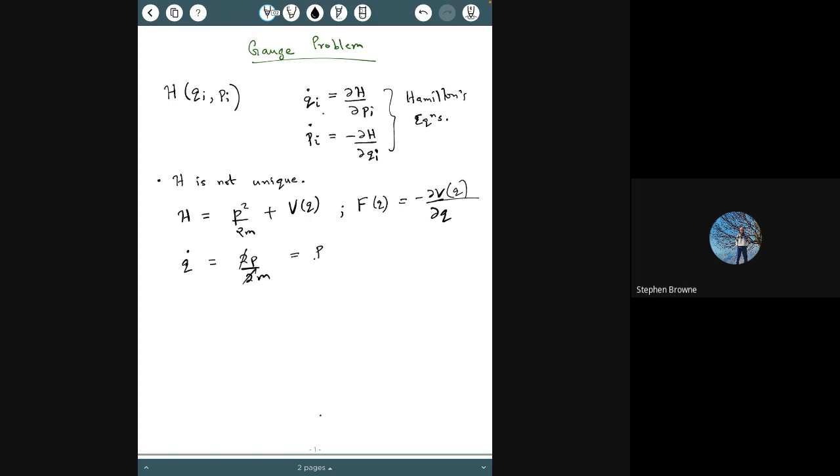So you have p by m, and p dot is equal to minus del H by del q. That is equal to minus del V by del q, which by definition is F(q).